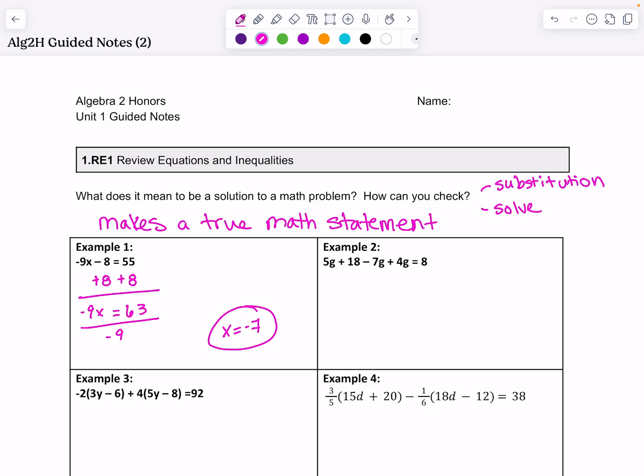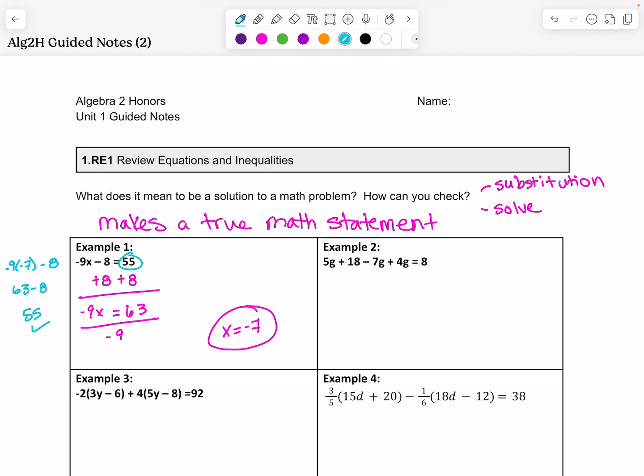Then we could substitute that -7 in and see if we get a true math statement: 63 minus 8 is 55, which is true. You don't have to plug it back in, but as we get further into Algebra 2, when we get to Unit 4, you will have to substitute stuff back in.